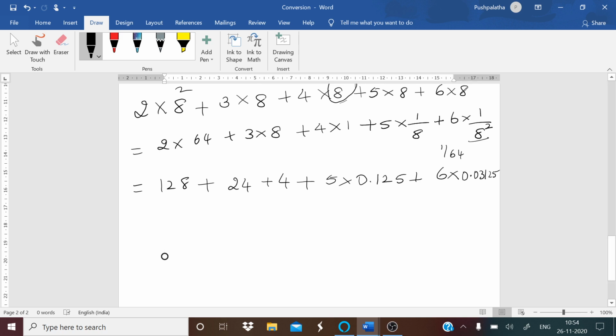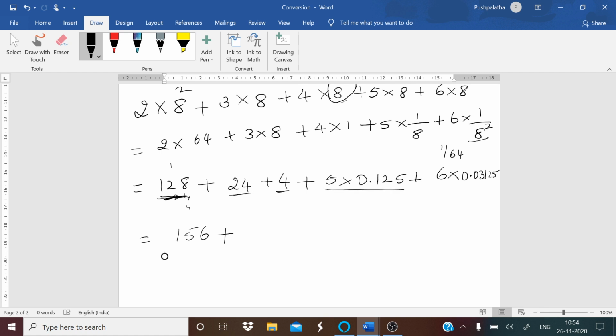So add all the integer parts, that is 128, 24 and 4. What is the answer? 156 you got.